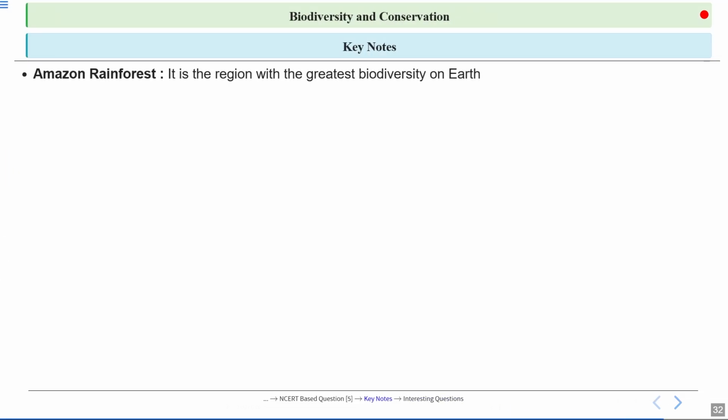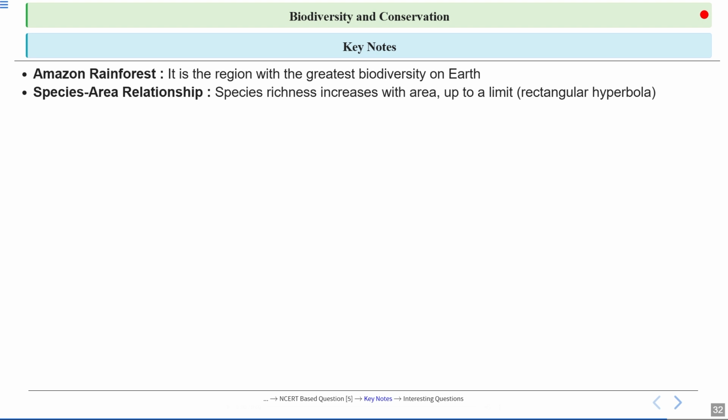Now let's discuss some keynotes. The Amazon rainforest is the region with the greatest biodiversity on the earth. We also talk about the species area relationship. It says that species richness increases with area, but up to a certain limit, so you get a rectangular hyperbola.